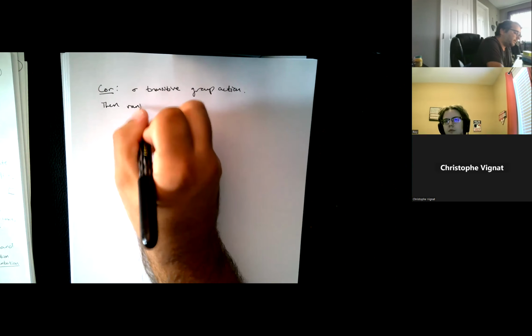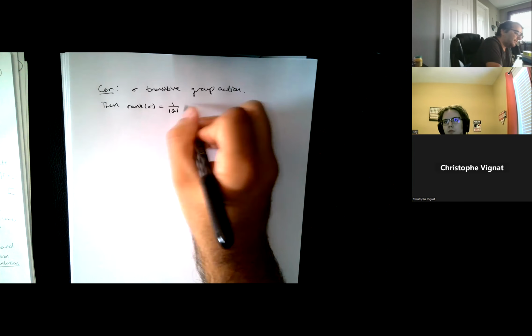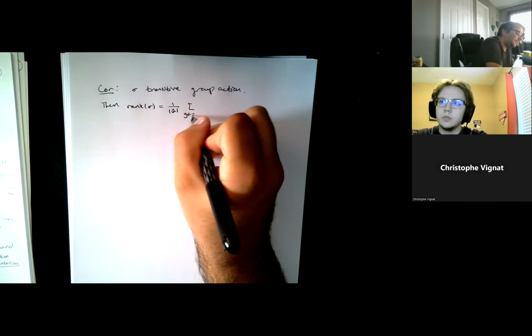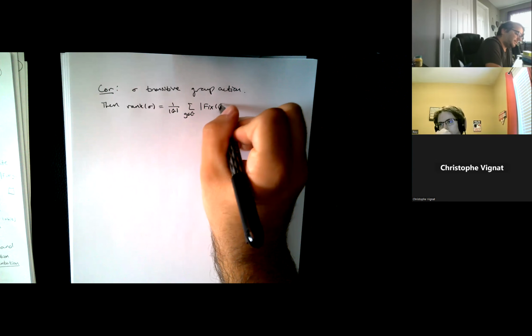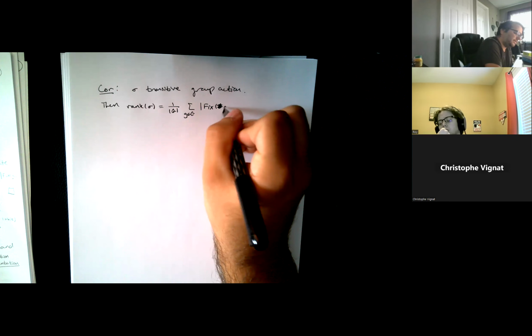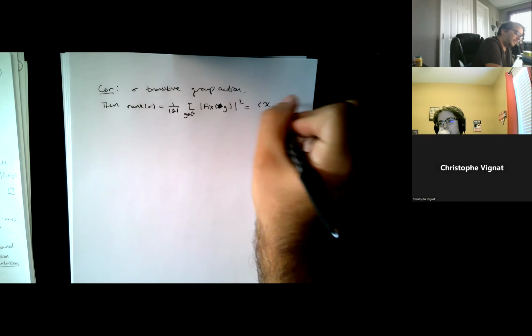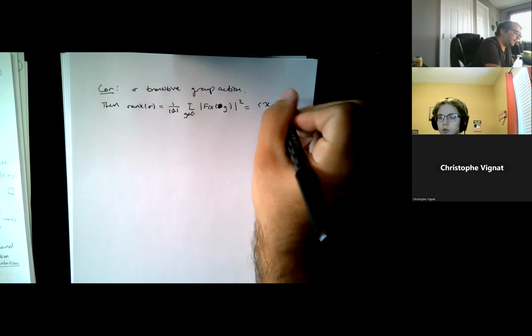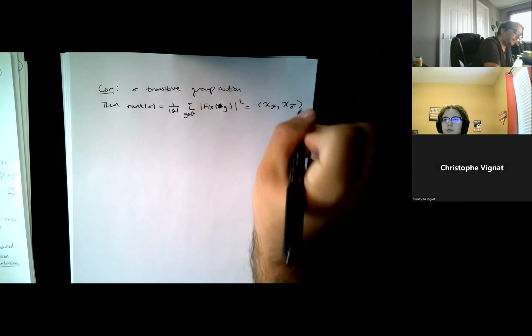The rank of sigma is 1 over the order of G, the sum over g in G, of fix of g squared, which is the inner product of chi sigma tilde with itself.